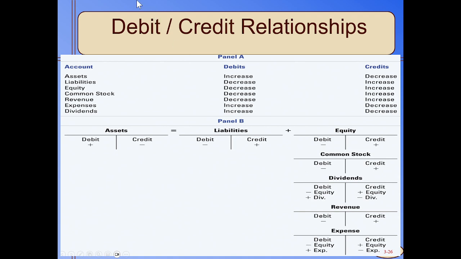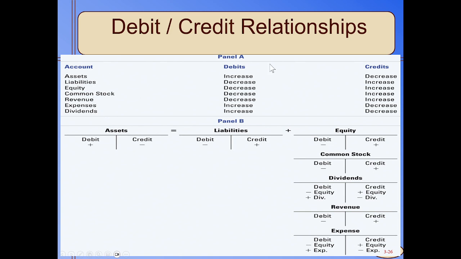The transactions presented in this chapter illustrate the relationships summarized in panel A of this exhibit. Panel B illustrates the transactions in T account form, so we can see that there are assets, liabilities, equity, common stock, revenue, expenses, and dividends.